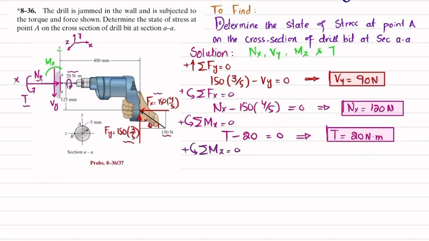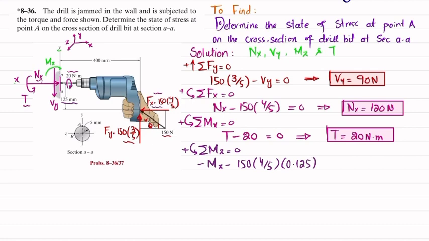So I will write minus Mz, minus 150 into 4 by 5, which is this component, times the perpendicular distance 125 millimeter, which in meter is 0.125.